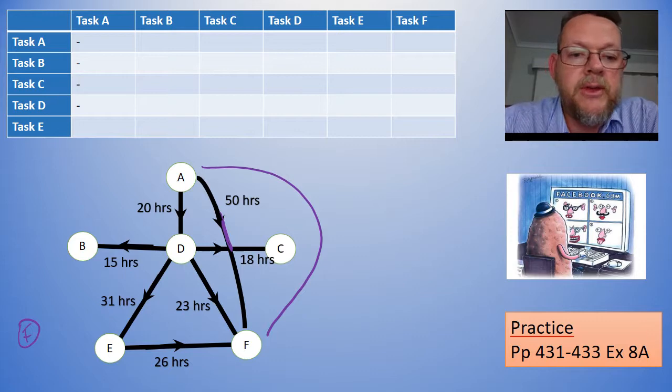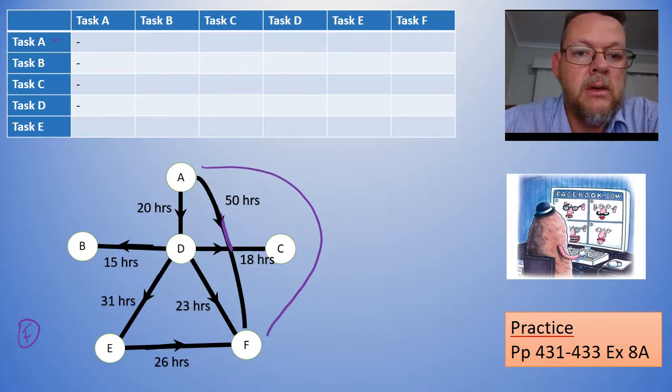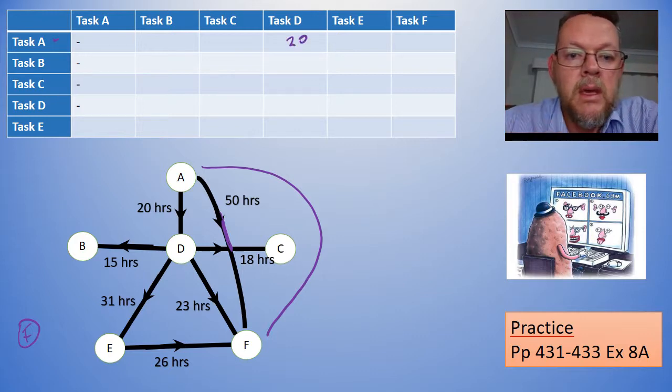Let's run through this diagram now. So task A to A doesn't make any sense, but can I go task A to B? No, I can't. What about task A to C? No, but I can do task A to D, and that's 20. Can I go task A to E?